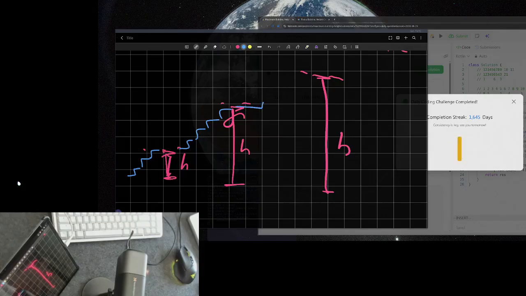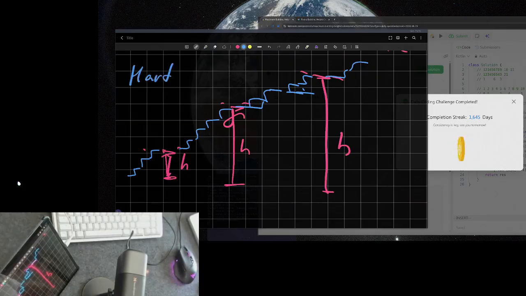So we can't grow bigger than one, and they ask us to find the maximum height that we could reach. So it is a hard problem.